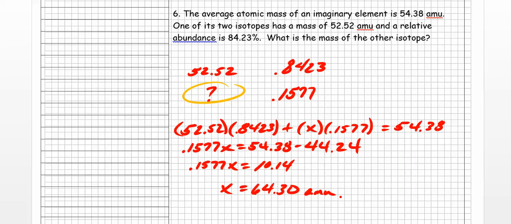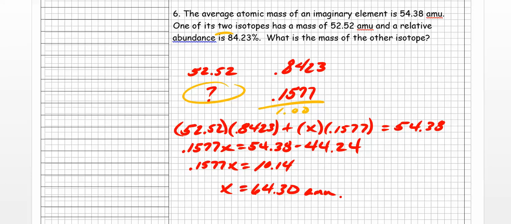If there's only 2 isotopes, and it tells me here that there's 2 isotopes, then these 2 numbers, 0.8423 and 0.1577, have to add up to 100%, or in decimal form 1. So to get the 0.1577, I simply said 1.00 minus 0.8423.